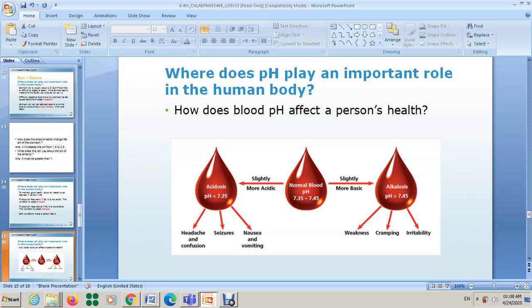How does our body keep homeostasis? What are the parts inside our body that help keep the correct pH? Actually, the two organs that help keep homeostasis are the lungs and kidneys. The kidneys remove the waste, as you know.